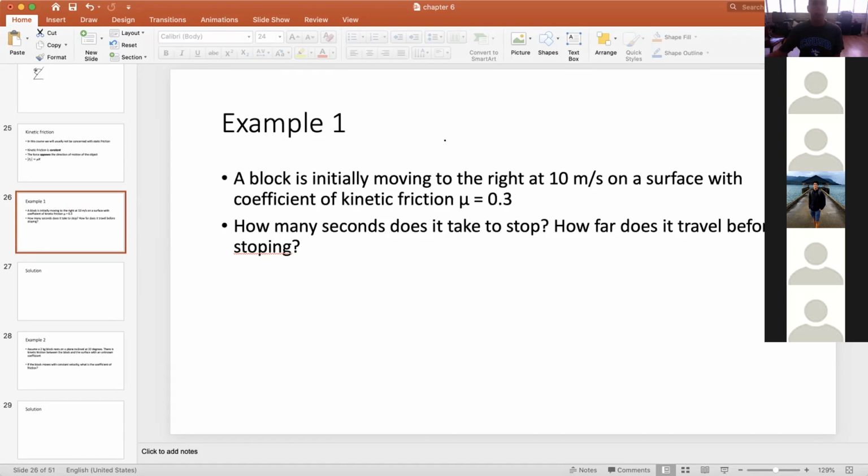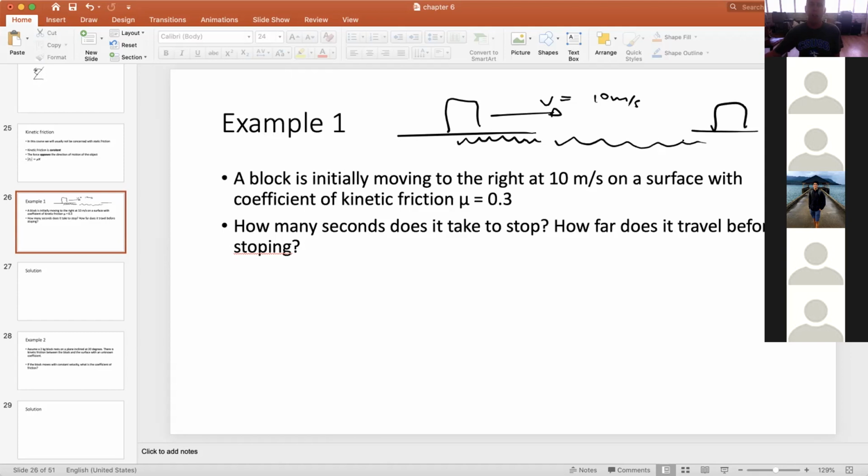A block is moving to the right, just a block. It's flying to the right with 10 meters per second of velocity. And there's some friction on the surface that it's sliding on. We want it to slide to a stop. So it's eventually going to slide through all of this and come to rest at some distance delta x away.